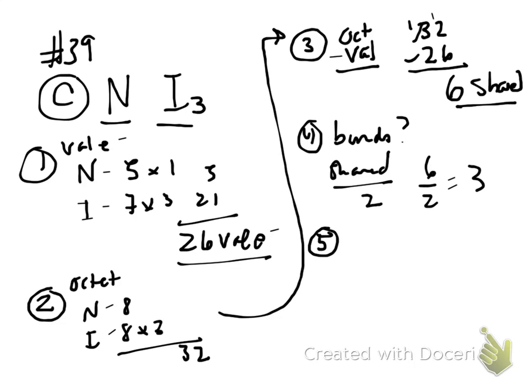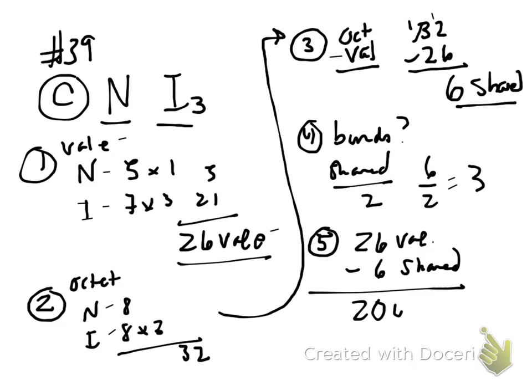How many unshared pairs are there? So they have 26, and they're sharing 6. Valence minus shared. We have a lot of unshared electrons. 20 unshared, so 10 unshared pairs.